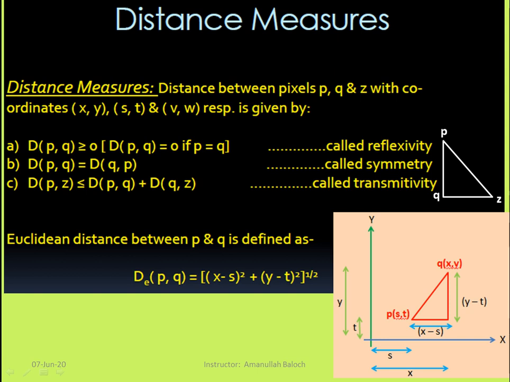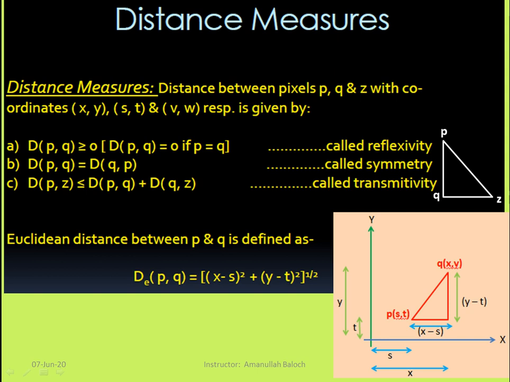Distance between pixels P and Q will be greater than or equal to 0. If P and Q are different pixels, then the distance between the 2 pixels will be greater than 0.